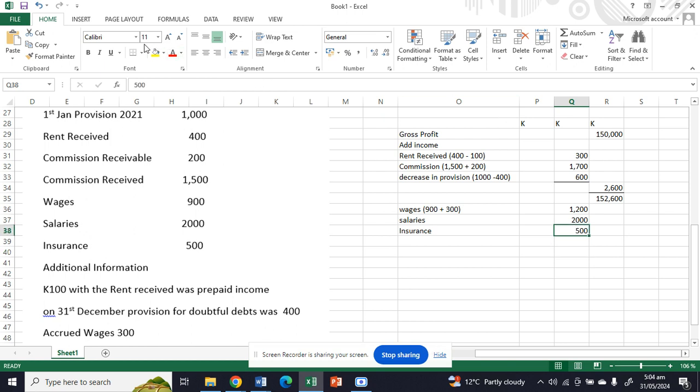So we total up our expenses. $3,700. Those are our total expenses. So to find our net profit is just our gross profit minus the total expenses. So our net profit in this case is 148,900.